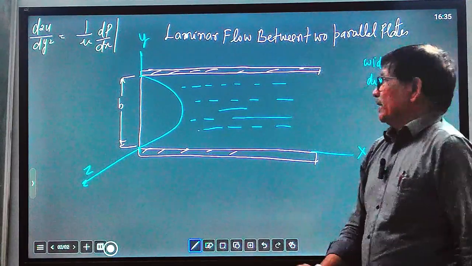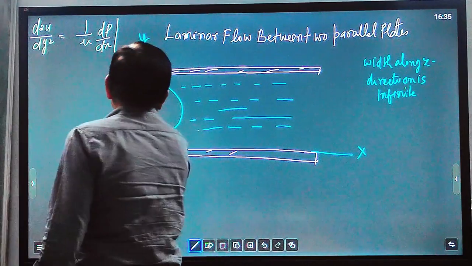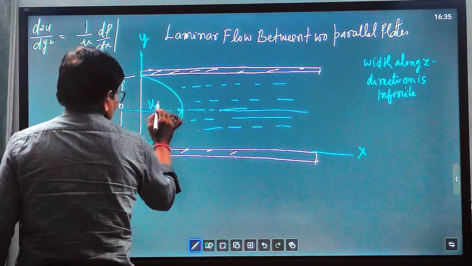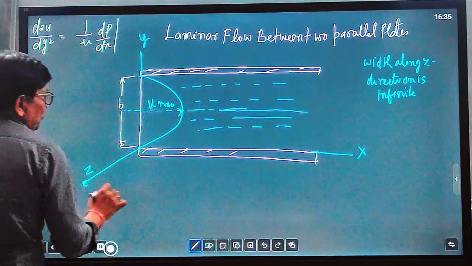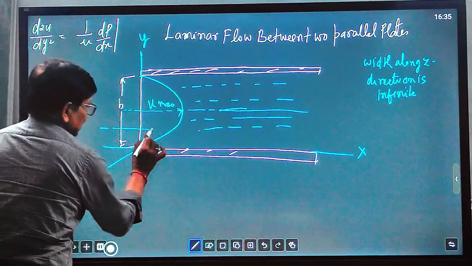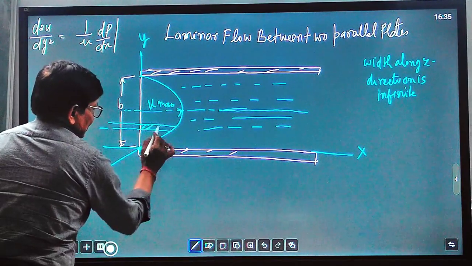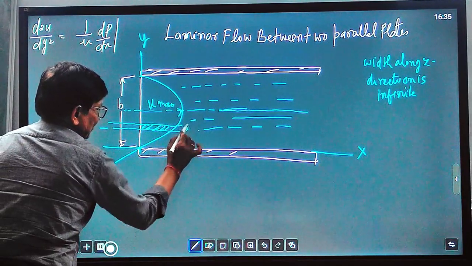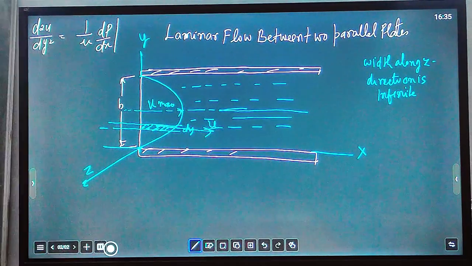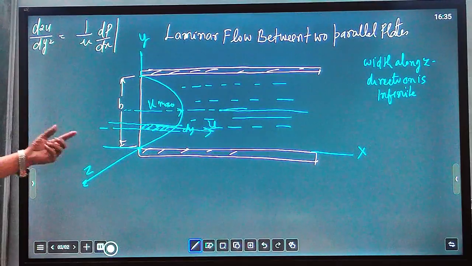This is the condition of the parallel plates, and here, on the center line, velocity will be maximum, u maximum. At any point, suppose at distance y, the thickness is dy, and the velocity at this point is small u.